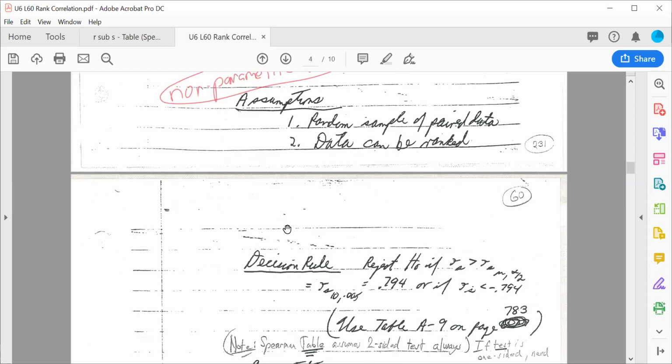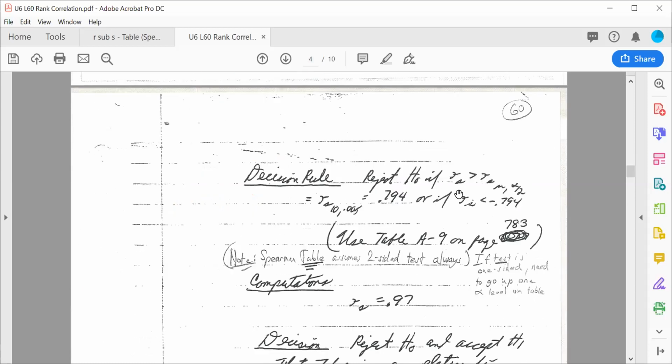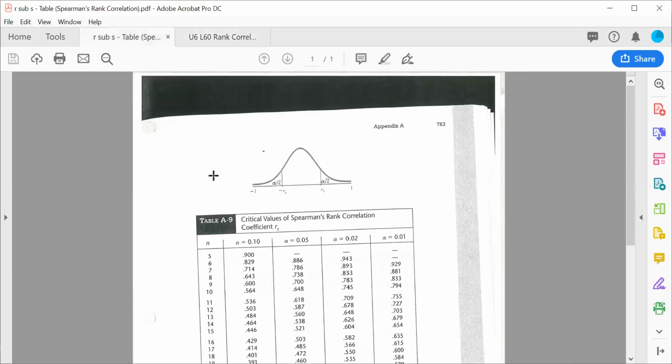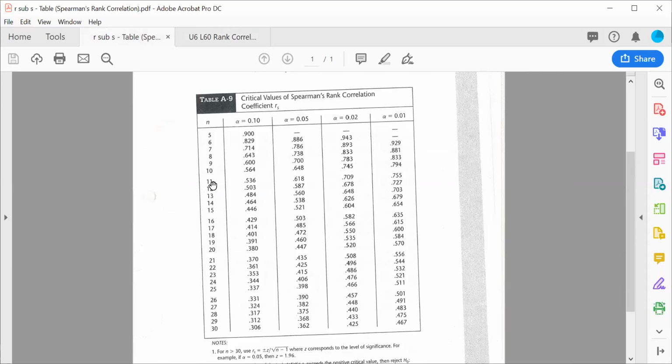All right, the decision rule. We're going to reject H0 if R sub S is greater than R sub S with n pairs of data, alpha over 2 level, or vice versa. So n pairs of data is 10 pairs of data. The alpha over 2 level is 0.005. So let's go to the R sub S table.